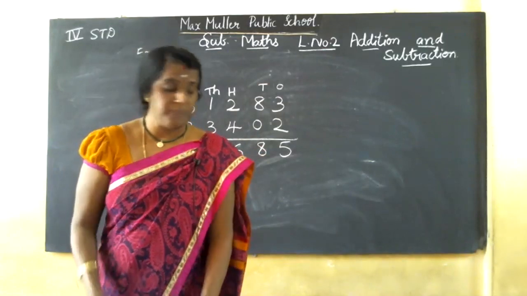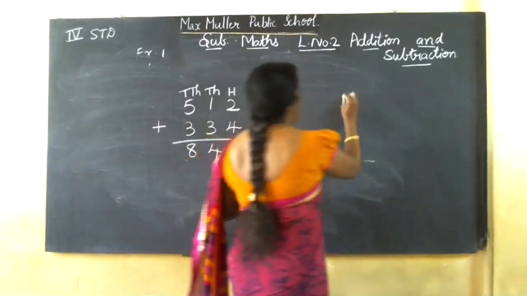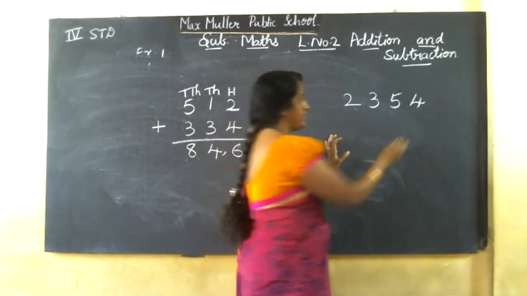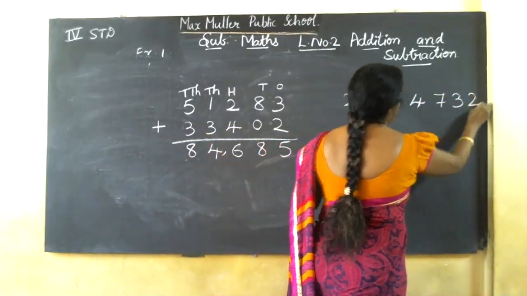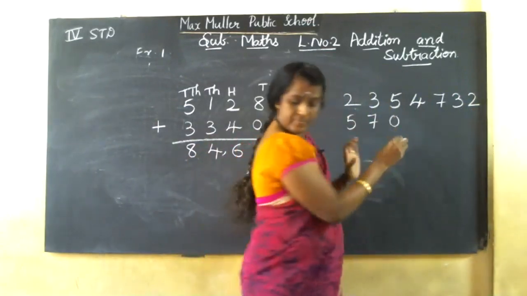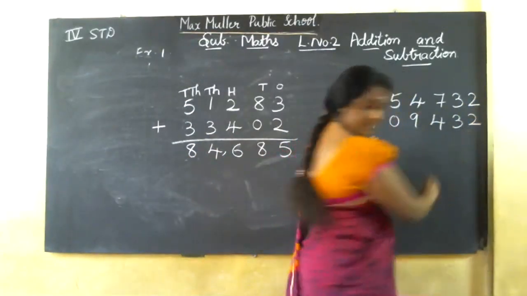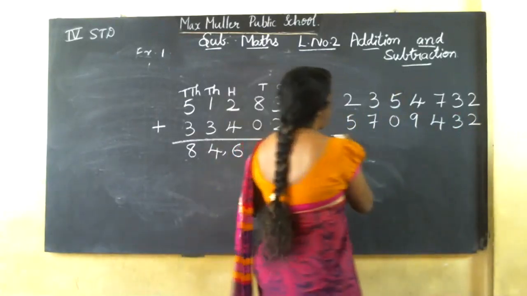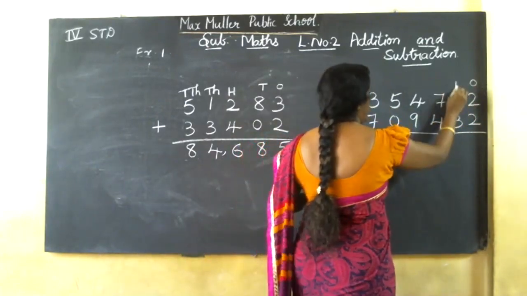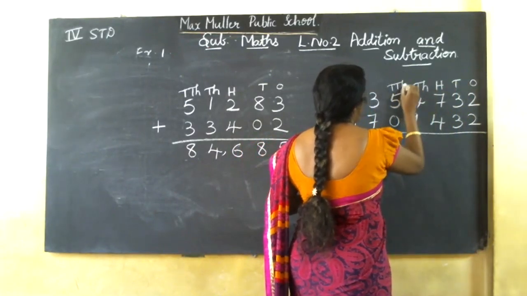Like that only, lakhs place. See example on page 108, lakhs place. This is ones place, tens place, 100, 1,000, 10,000.